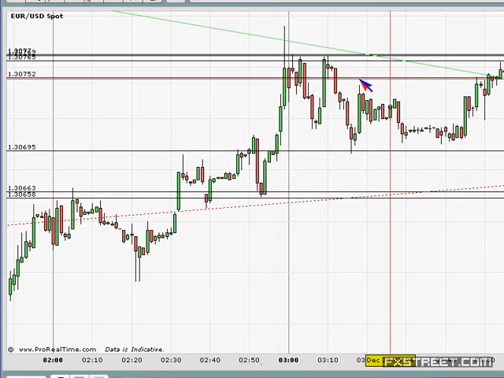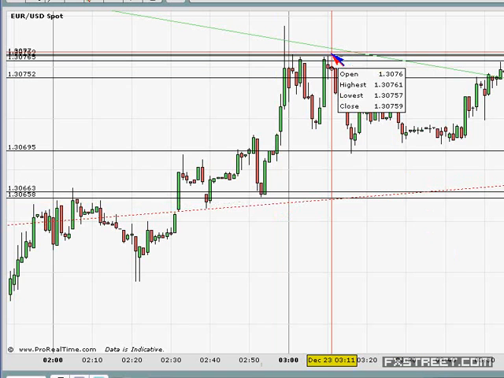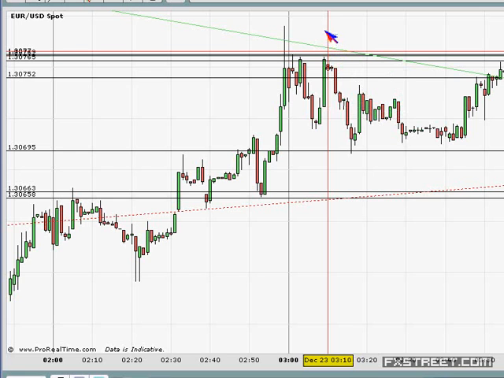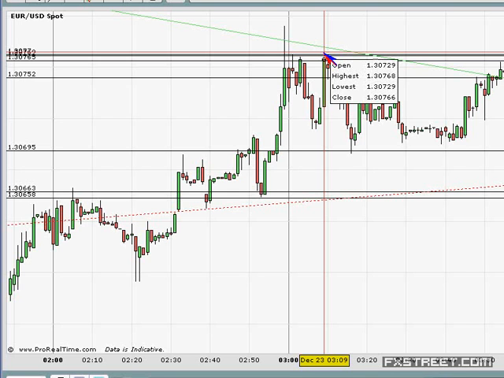So here is the high, 1.3077. It shows 1.3072, but it went up to 1.3077. So you find the last 1 minute trade is averaged and the spot is given.